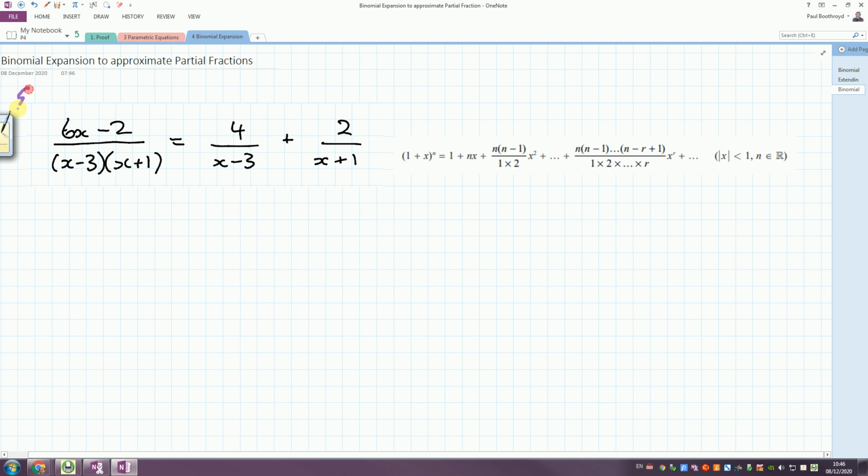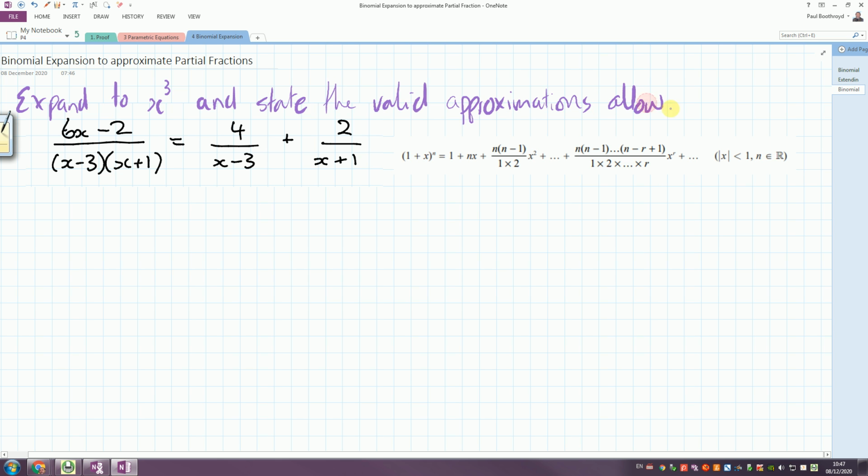So we might be asked to expand this function to x cubed and state the valid approximation. So by using partial fractions, you can expand this out.